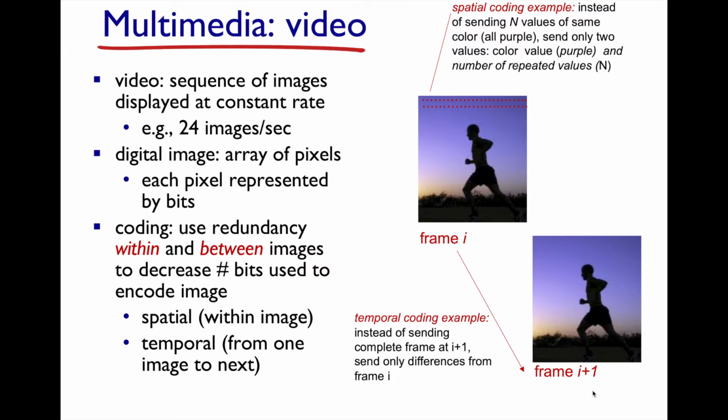And so when you think of a sequence, it's something like 24 frames a second or images per second. A pixel is nothing more than a two-dimensional array of these so-called picture elements, each one of which has a certain color encoded as a mixture of red, green, and blue, right? And so if you take a look at an image, this particular frame on the top, it's somebody running at dawn or dusk.